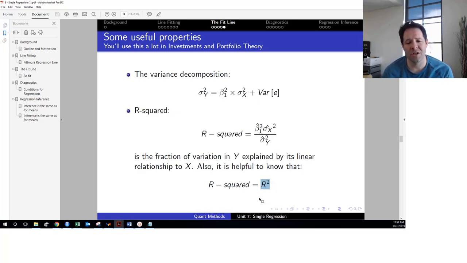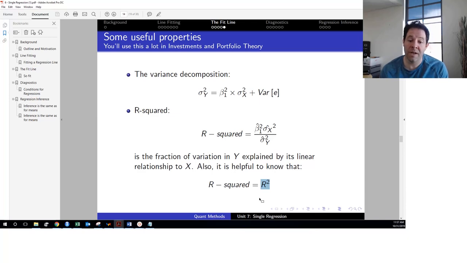So you can see correlation plays a really important role in regression. It tells us more than just whether there is a strong or weak relationship between the two variables. If you square a correlation, say the correlation is 0.7, you get 0.49.